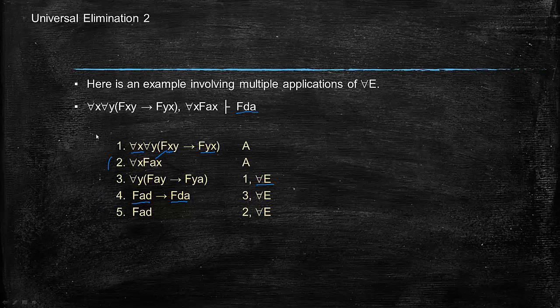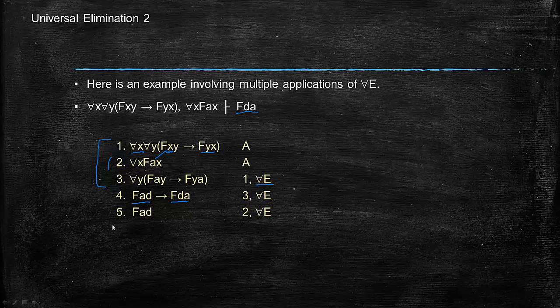Essentially what we're doing is taking these quantified expressions, in this case all universally quantified expressions, and sticking constants in. The reason we're sticking constants in is because once all the quantifiers have been removed, we're left with our familiar rules of propositional logic.